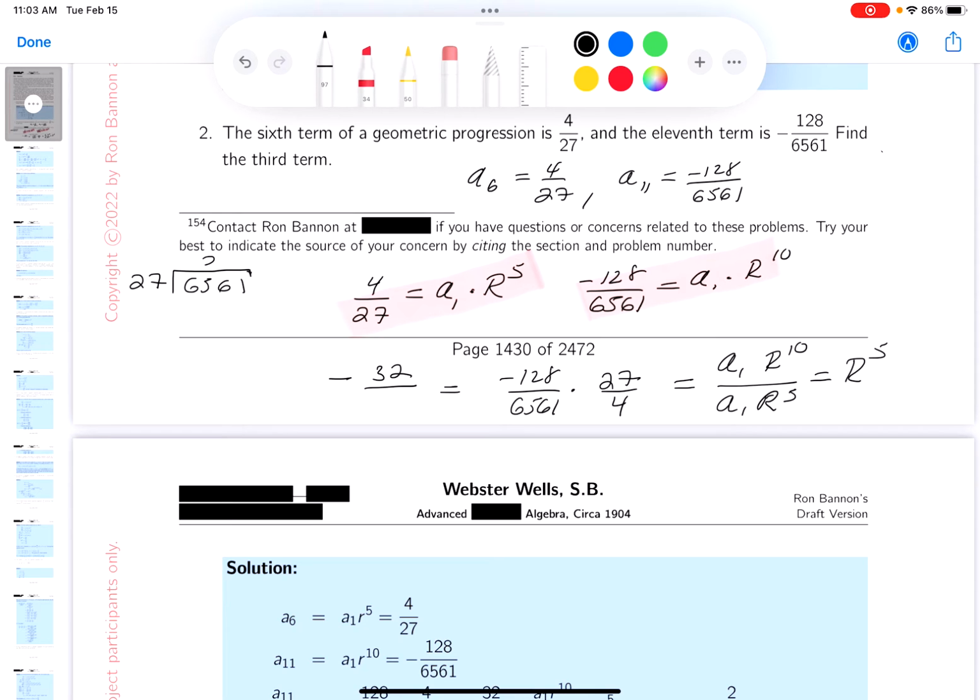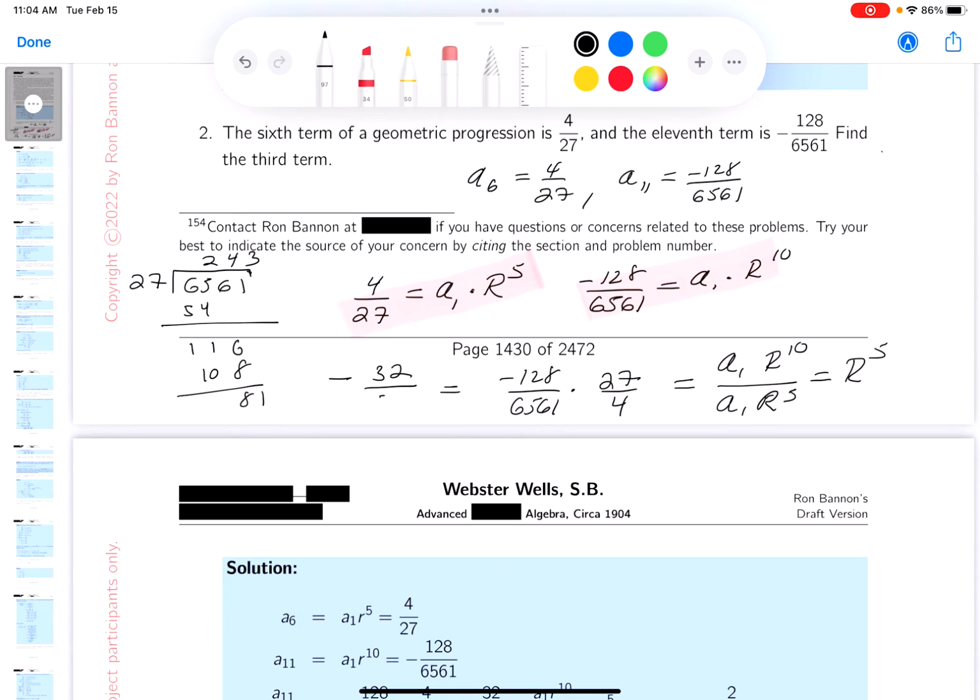Well, let's see. 2 times 27 is going to be 54, right? Subtract, you get 11. That's not so bad. And then a 6. I'm going to say 4. 4 times 7 is 28. 10. Well, that's not bad. And then you get 81, and that would be 3.